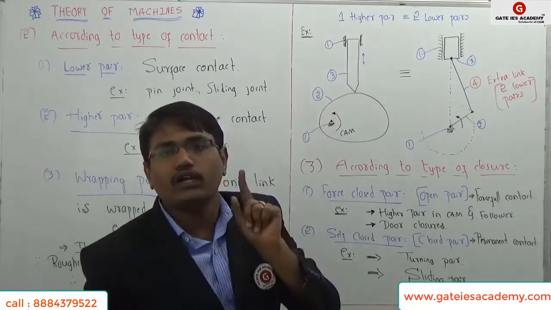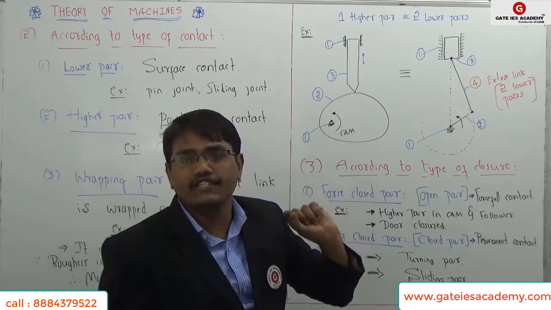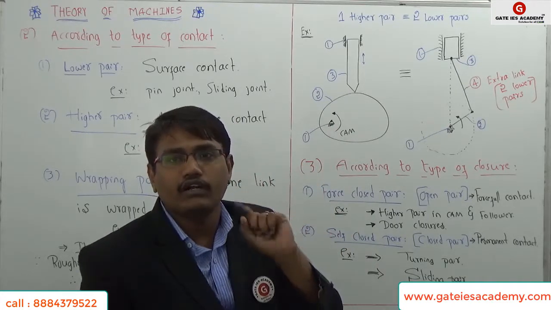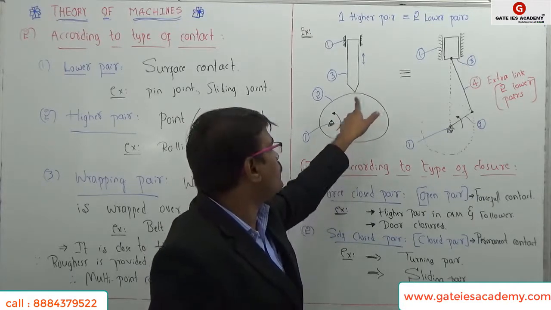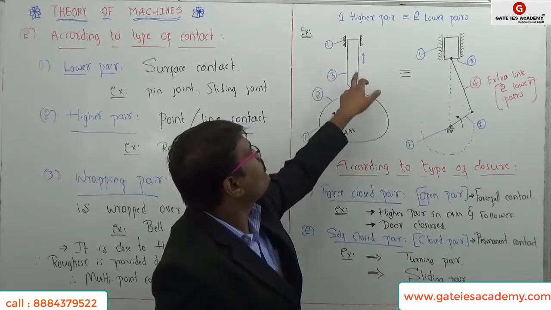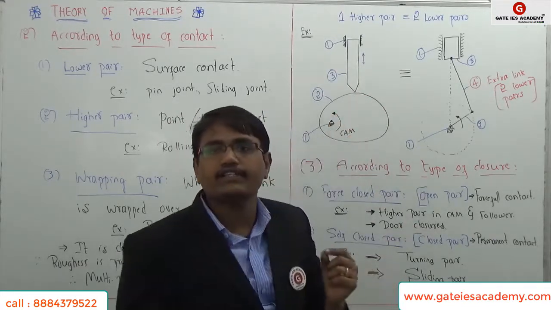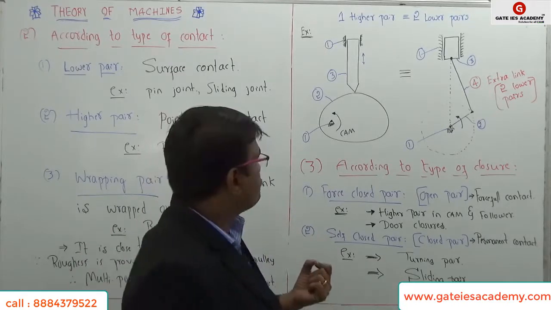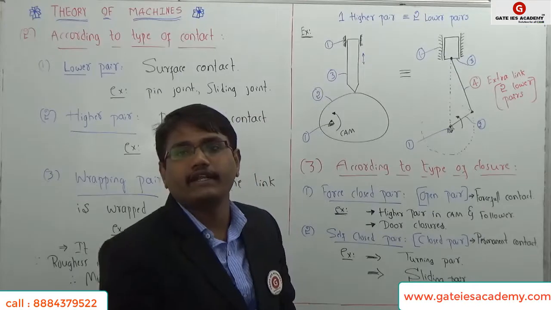It comes under one link only. Wherever you see this sign of fixation, that is only one link. Now the fixed link is connected to the cam, right? And the cam is further connected to the follower using a higher pair. See here, only point contact is there, so it is a higher pair. And this follower is reciprocating, correct?